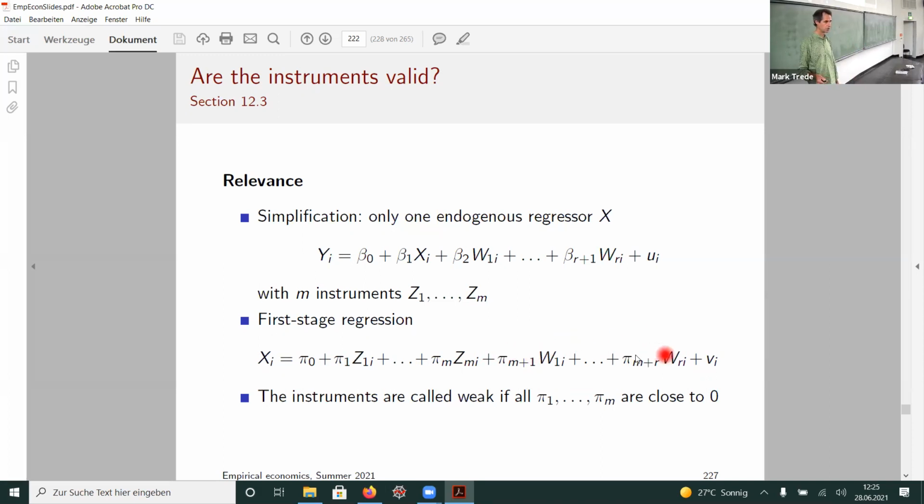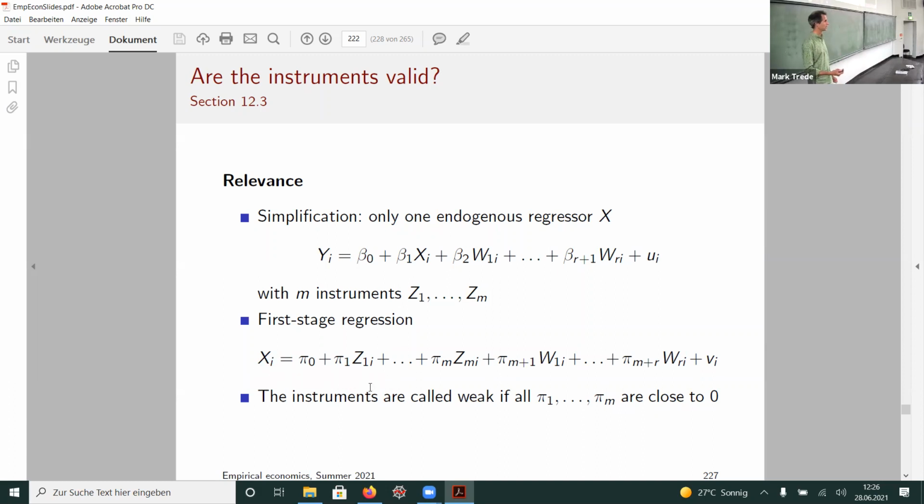Well, of course, the exogenous variables should have some impact on the X. No, they need not, but they could have some impact on the X. But what we really need is an impact of the instruments on X, because we want to know what is the good component of X. Okay? So what we actually want to have is predictive power of the instruments concerning the endogenous regressor X.